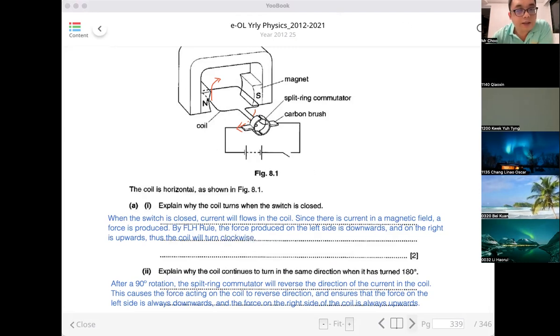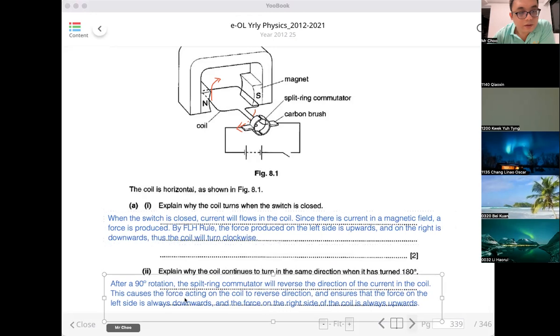So the force on the left side is not downwards, it's actually upwards. Am I right? It's upwards. And then the right side is always downwards. Correct? Okay, can you all check whether I am right or wrong?